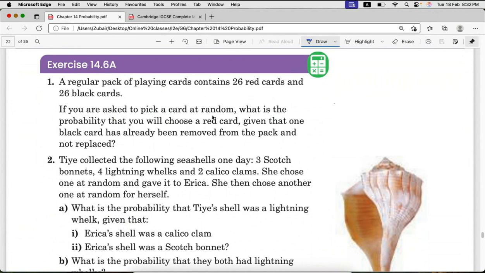So it is the probability of red given black. This should be red intersection black over probability of black.